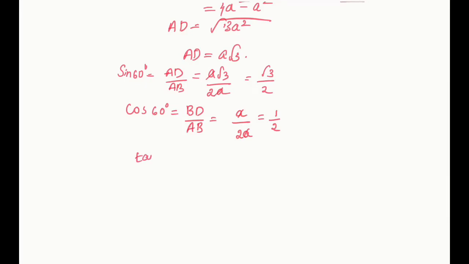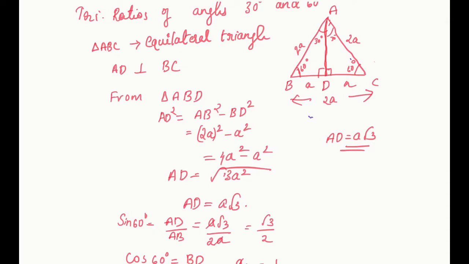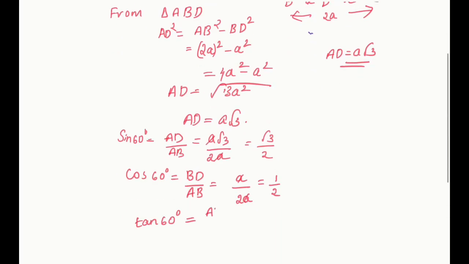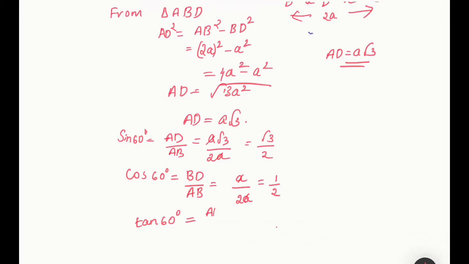Similarly, tan 60. Tan 60 is equal to perpendicular by base. Perpendicular is AD, base is BD. AD by BD, that's equal to root 3A by A. A and A are getting cancelled, you get the value as root 3.